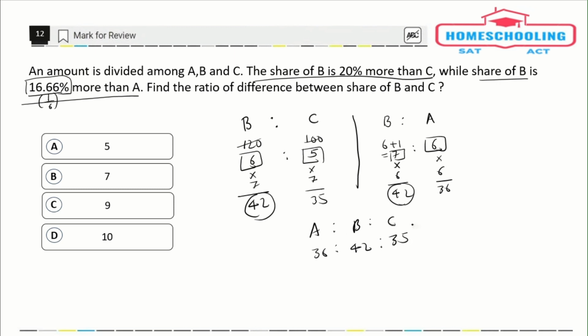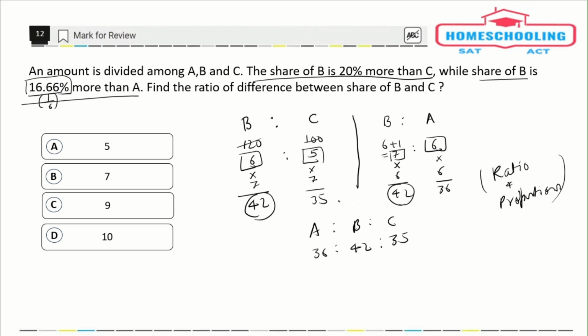So now A, B, C. I have also covered this topic in the ratio and proportion chapter. So if you're having some confusion here, you can go and watch the ratio and proportions chapter.